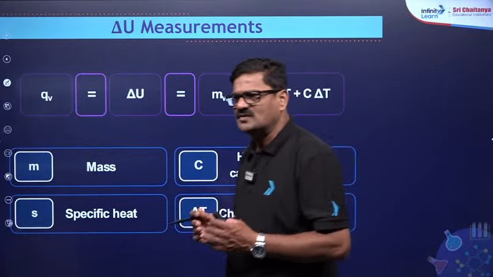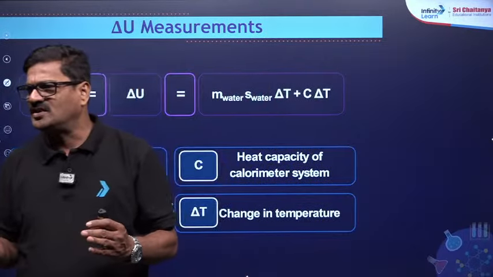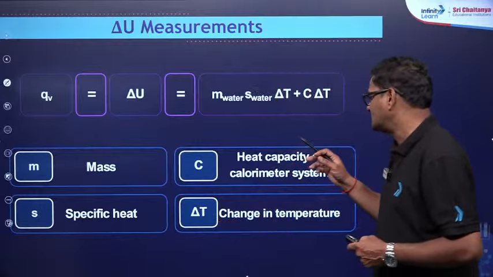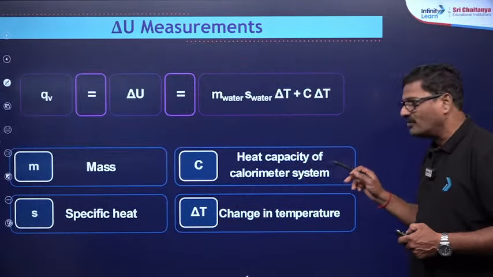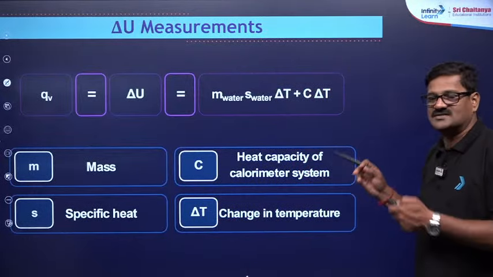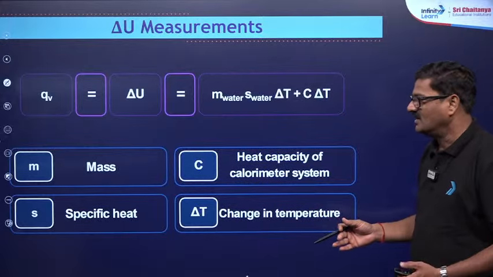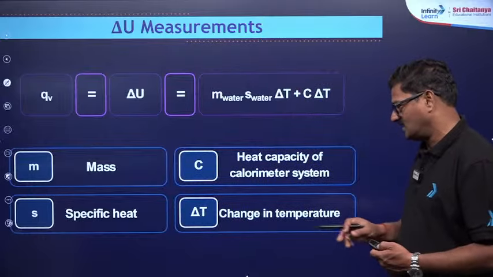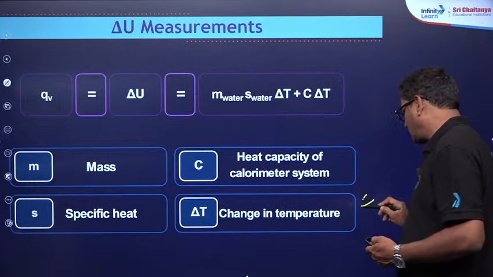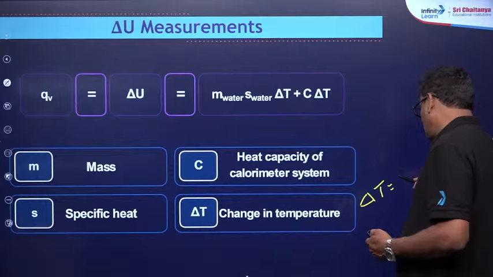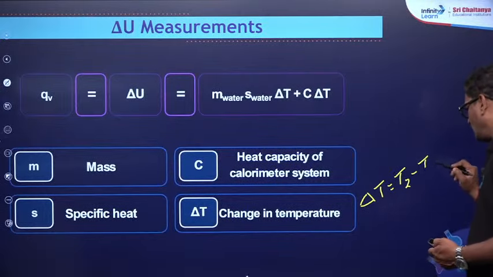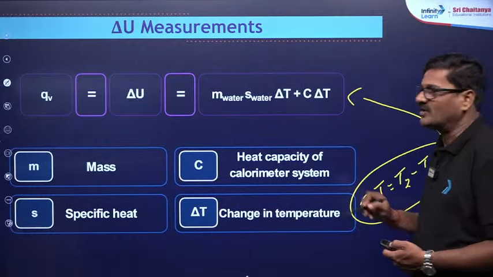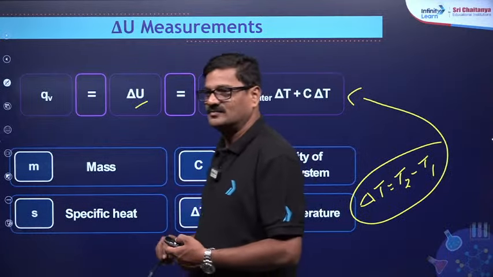By the use of a bomb calorimeter we can measure the heat of neutralization also, and C is the heat capacity of the calorimeter system. The calorimeter itself has some heat capacity, S stands for specific heat, and delta T is T2 minus T1. That you can measure by putting these values in the experiment, and you can calculate delta U directly.